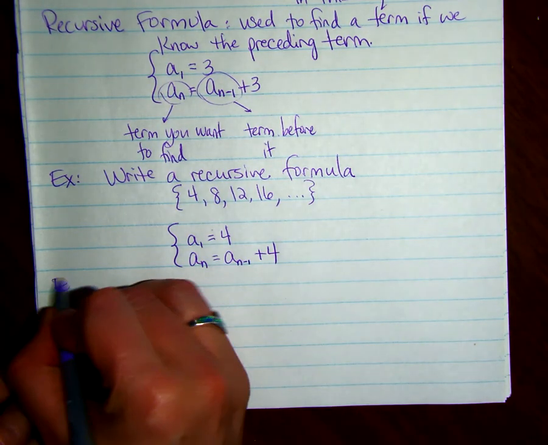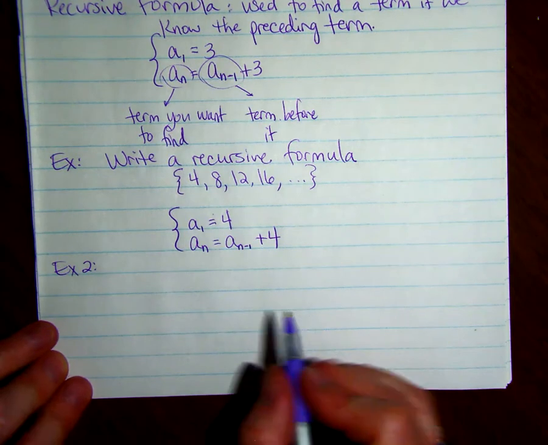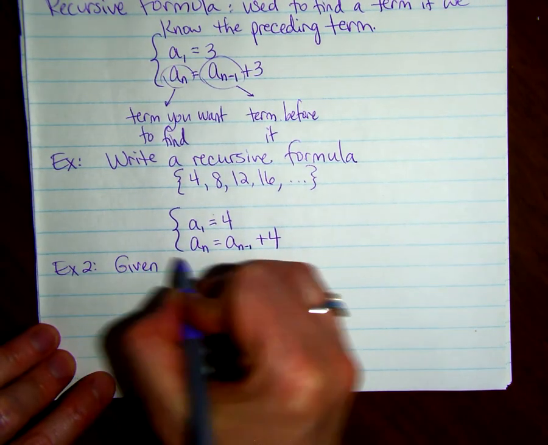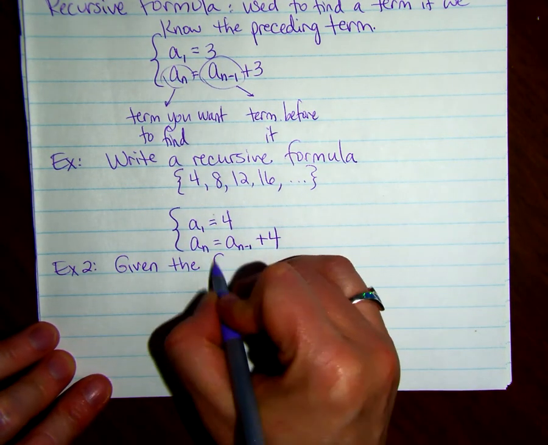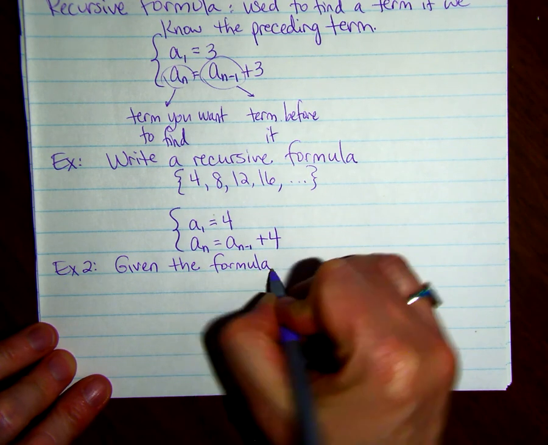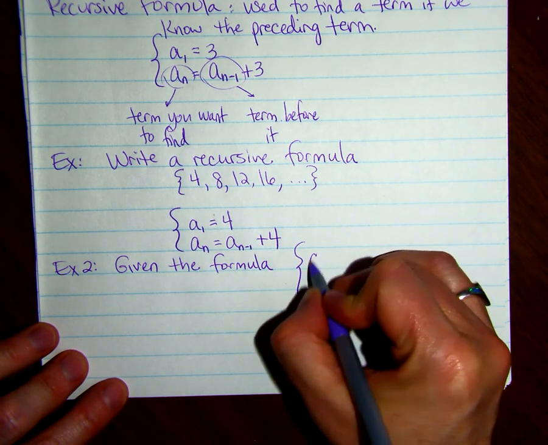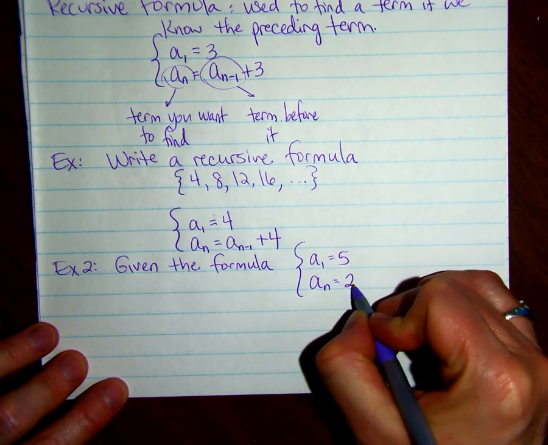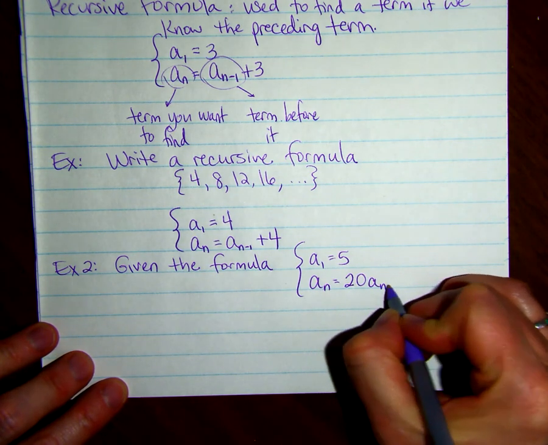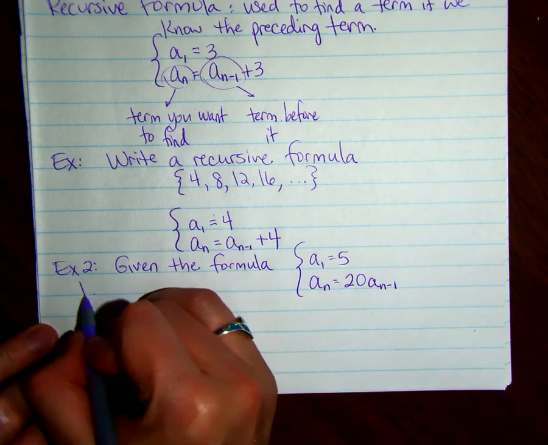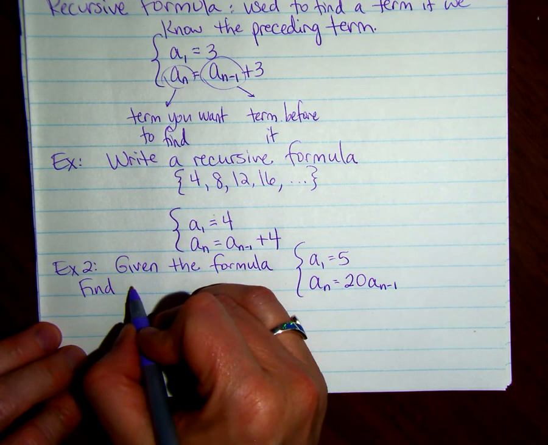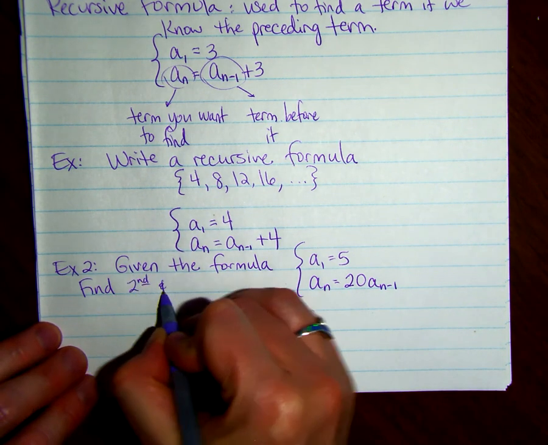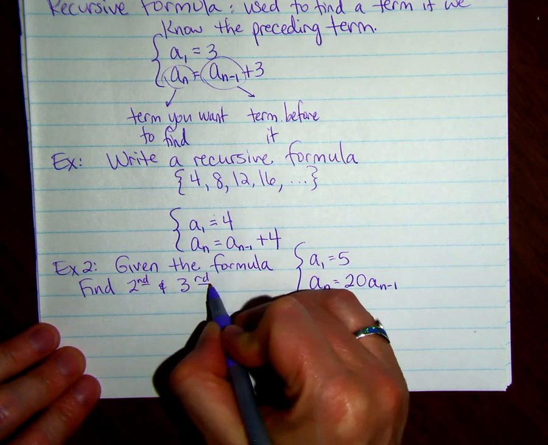We're going to do another example. If we're given the formula, a sub 1 equals 5 and a sub n equals 20 times a sub n minus 1, find the second and third terms.